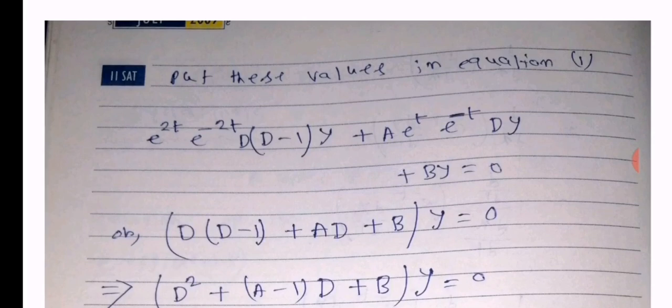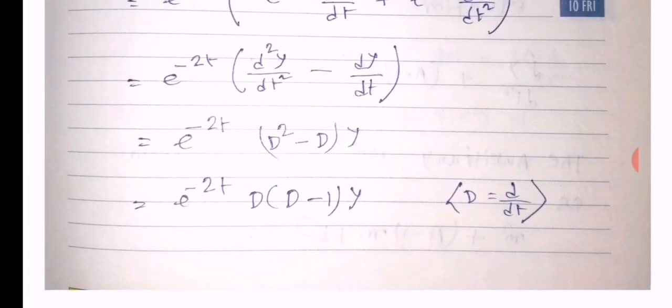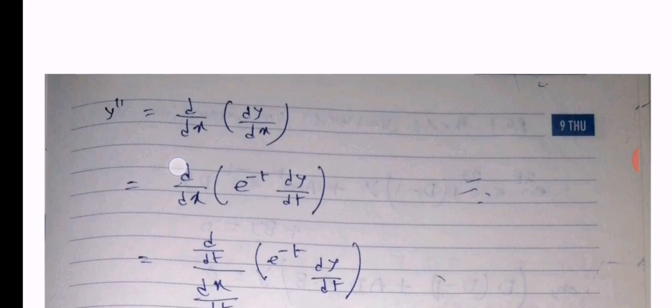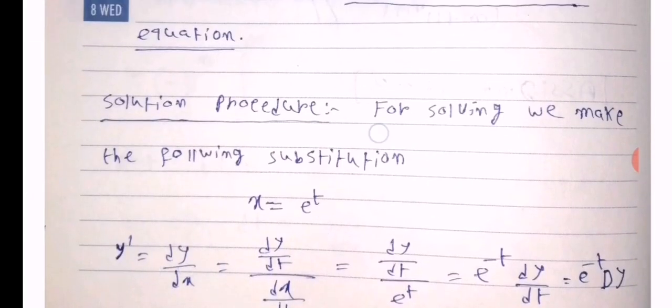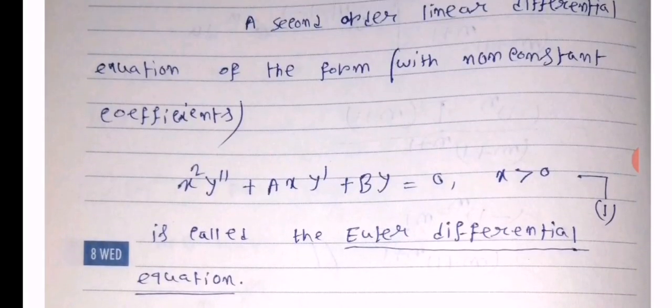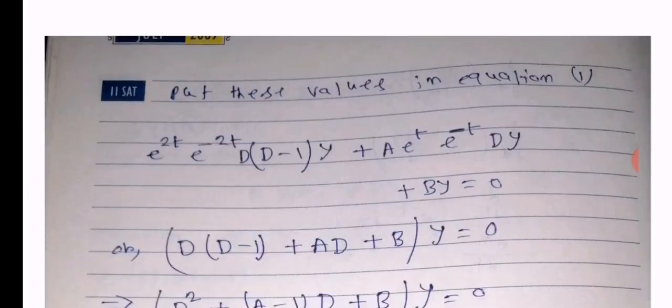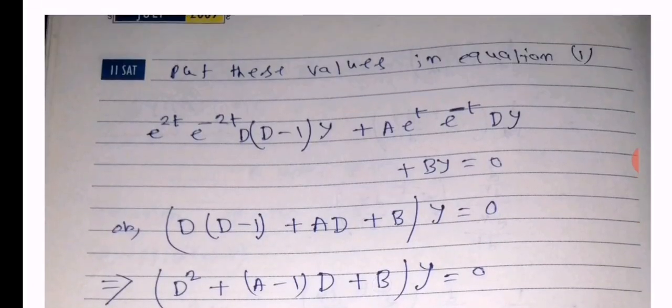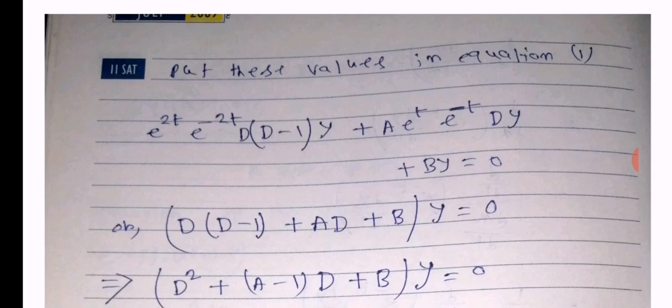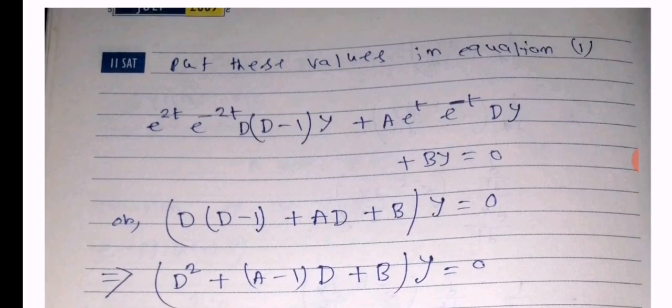So if we put these values of y double dash and y dash into the given equation, then finally we will get this equation.